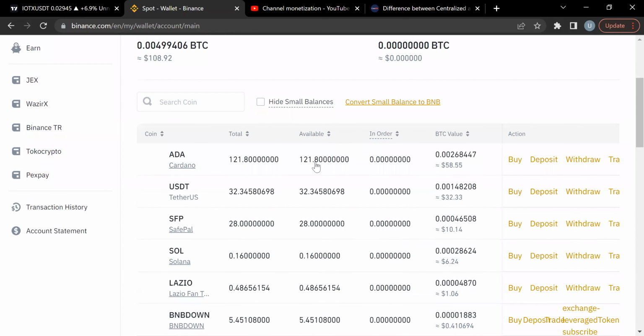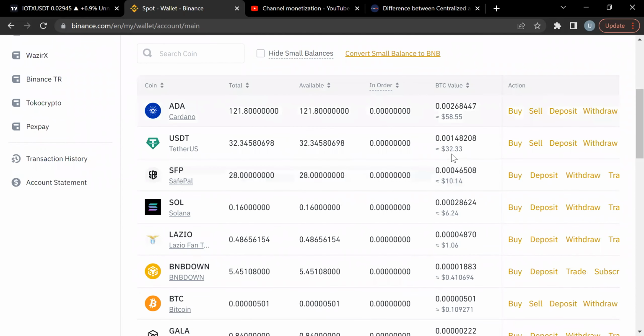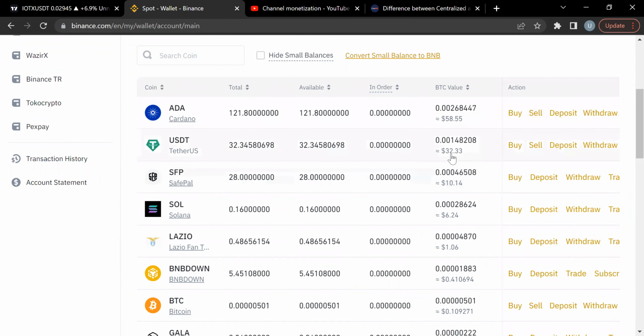You'll only be seeing USDT. You can see 32. Now, I can decide to sell this USDT if I don't want to have it anymore. So we'll sell it at the end of this class using P2P so that I can get my money back in Naira in my account, right?